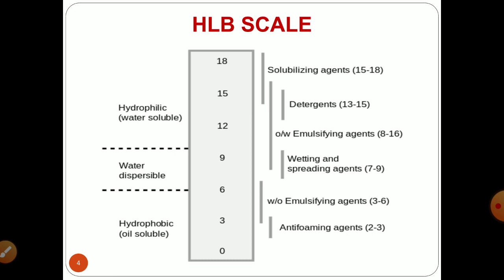Preferentially, the HLB number also measures the percent ethoxylation of the respective surfactant. Based on the HLB value of that surfactant, you can classify surfactants into three basic classes: hydrophobic, which are oil soluble; water dispersible, which won't undergo solubilization but will facilitate the process of dispersion; and the third one, hydrophilic surfactants, which are water soluble.